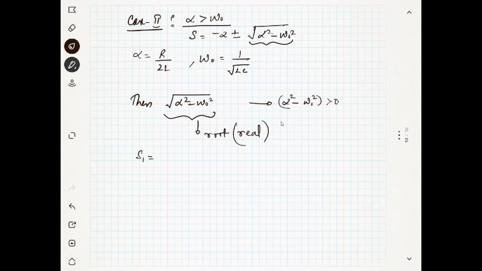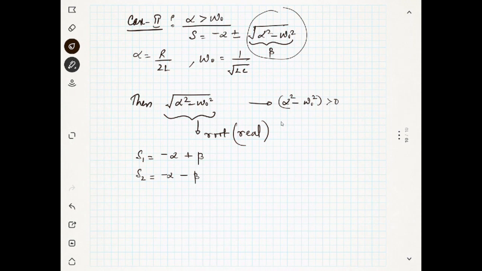S1 is equal to minus alpha plus the root. Let us assume that this term is beta, the square root. So S1 is minus alpha plus beta, and you will get S2, minus alpha minus beta. Am I correct?